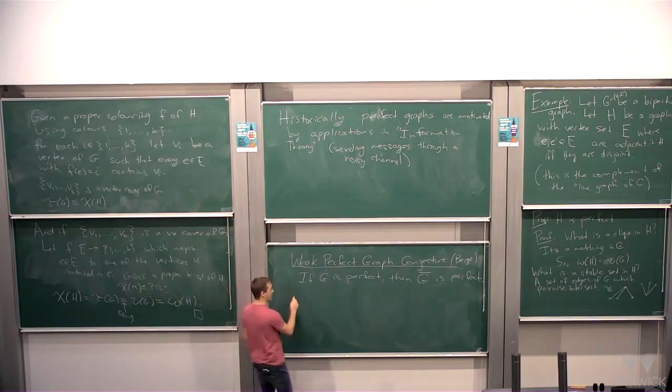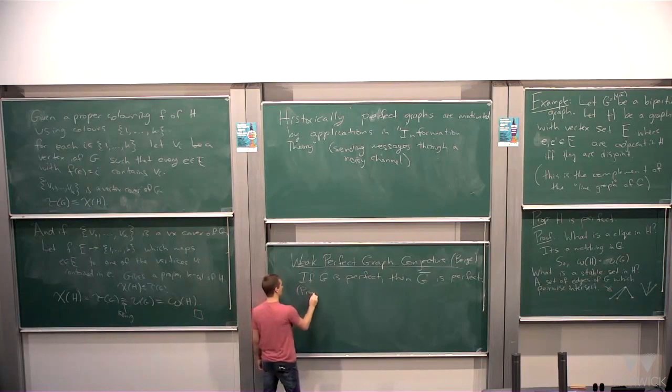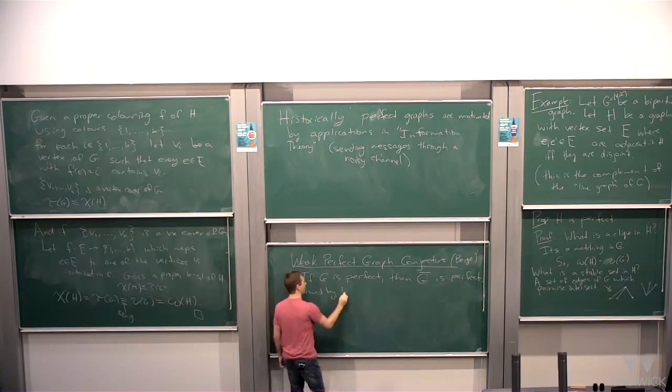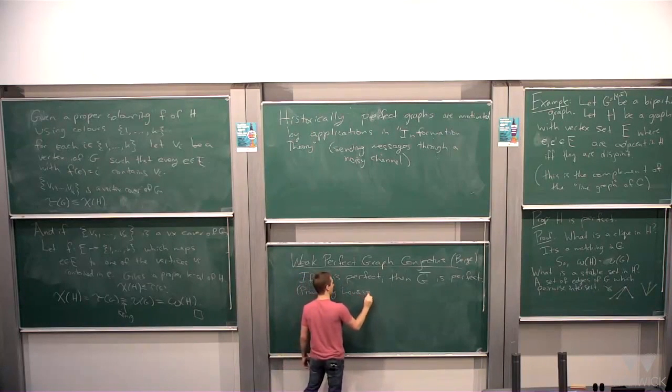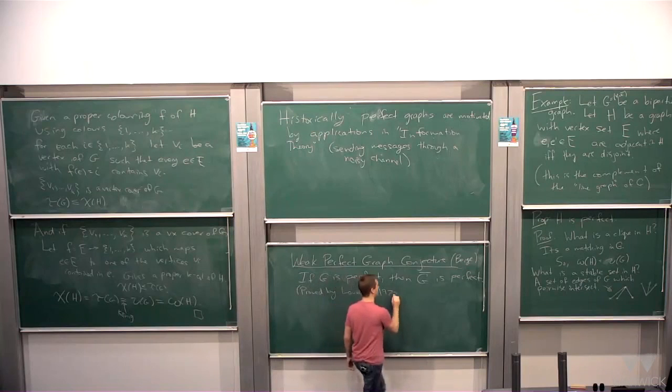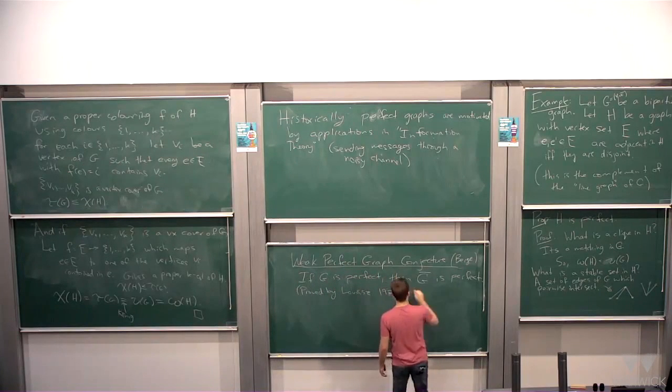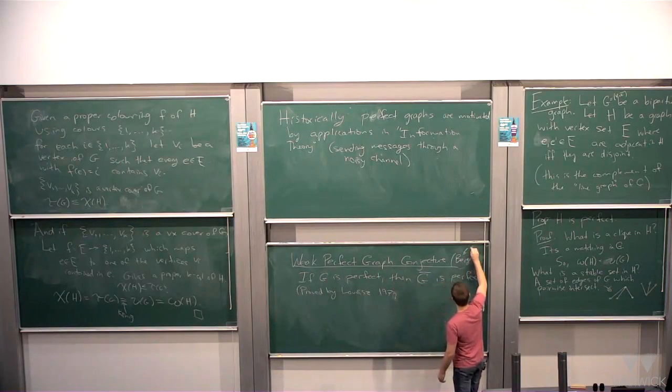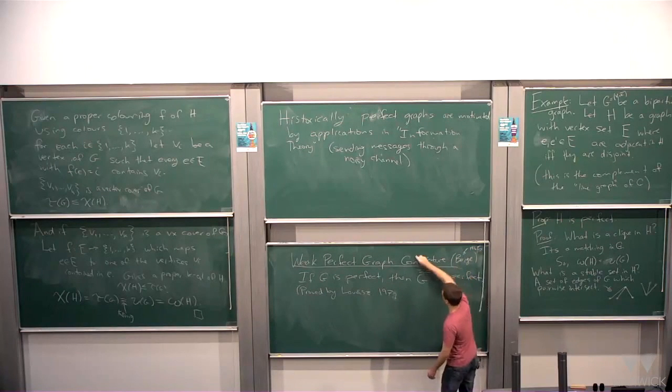And this is actually what we're going to prove on Monday. This was proved by Lovász in 1972. I think these conjectures date back to 1965. So now this is actually a theorem.